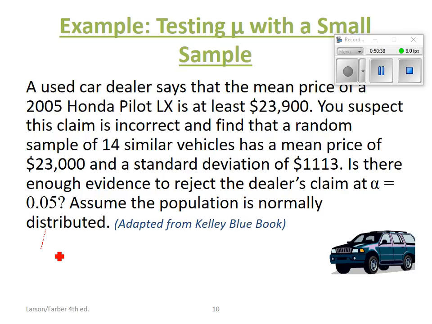23,000. And we also need our S, which was what? So X bar, 23,000, minus mu, which is 23,900, over S, which is 1,113, divided by the square root of N, which is 14.